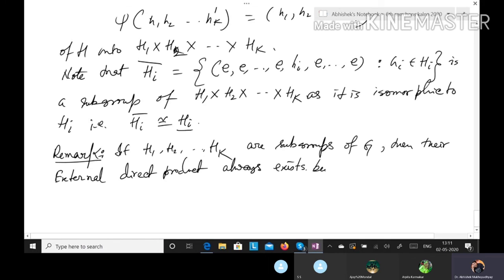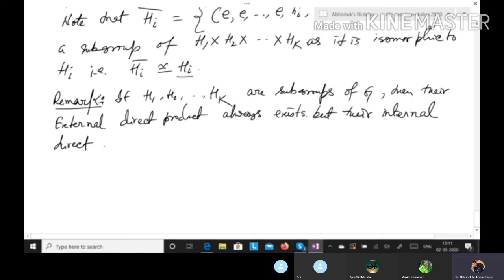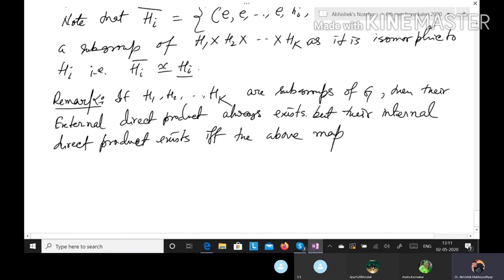But if we are concerned about their internal direct product, then their internal direct product exists if and only if the above map psi is an isomorphism.